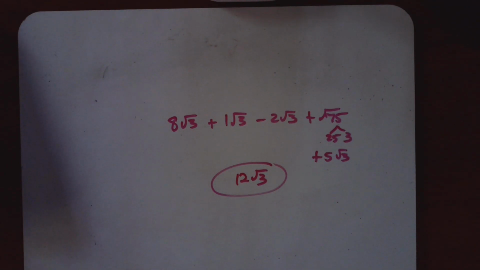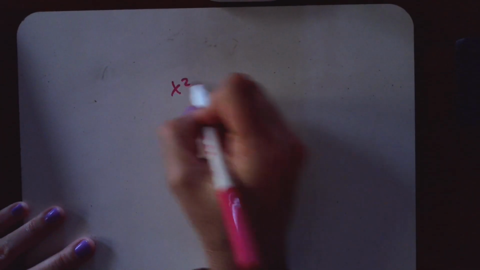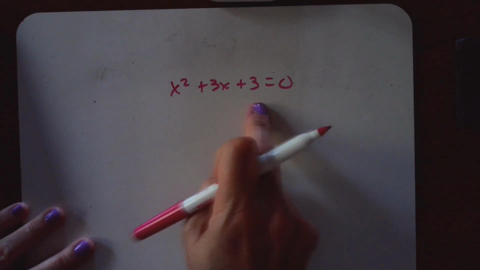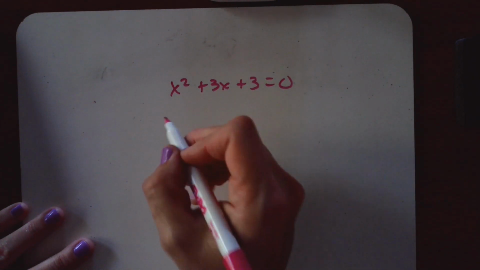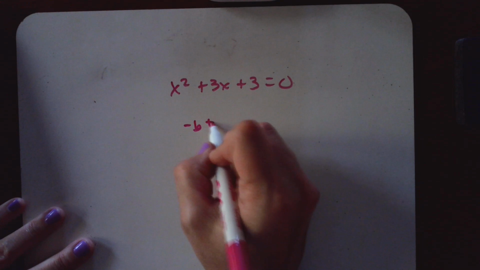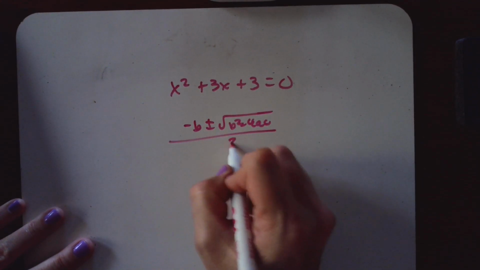All right, on the back side, the first problem is asking you to use a quadratic formula. So I see x squared plus 3x plus 3. There's my a, b, and c, 1, 3, 3. So I'm going to do my quadratic formula: negative b plus or minus the square root of b squared minus 4ac all over 2a.